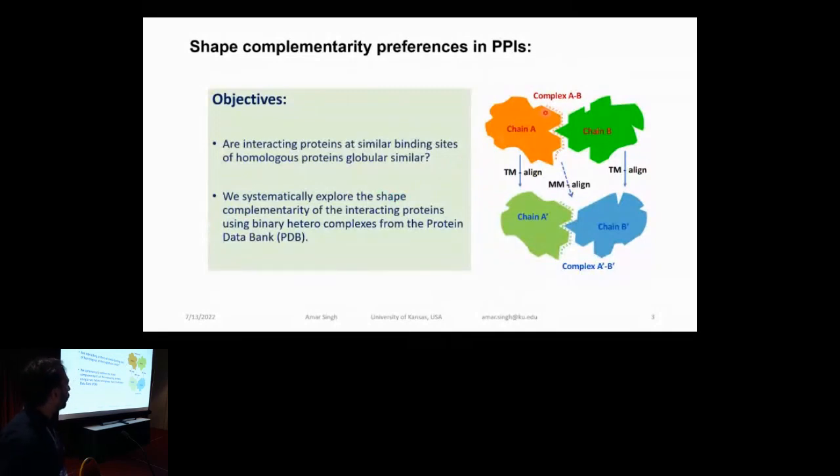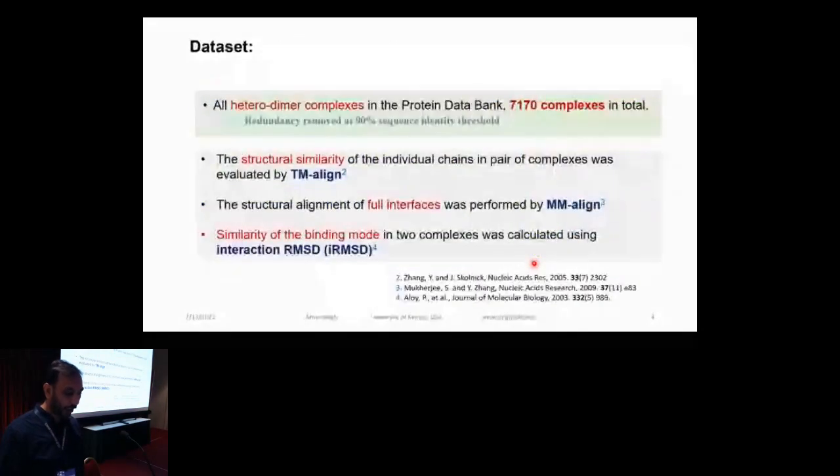If you have two complexes, A, B and A prime, B prime, and chains A and A prime are similar and interact with two different proteins, what is the structural similarity between these two proteins? So we systematically explore the self-complementarity of the interacting proteins using the binary heterocomplexes from the Protein Data Bank.